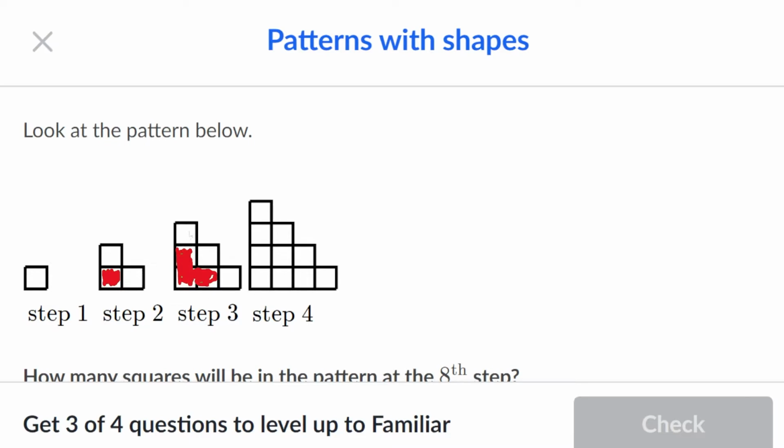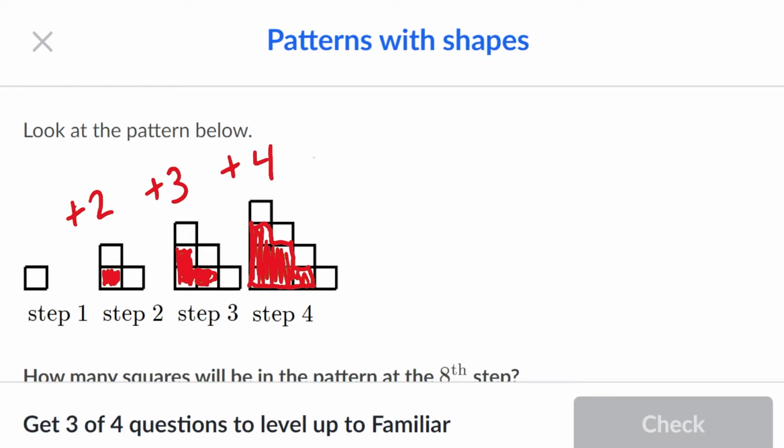And it looks like it's adding 1, 2, 3 more squares in a diagonal. And hey, look, this next one over here, the shape from step 3 is right here. And it's adding 1, 2, 3, 4. So it looks like the rule is plus 2, plus 3, plus 4, yeah?